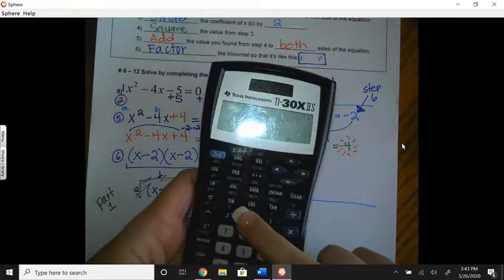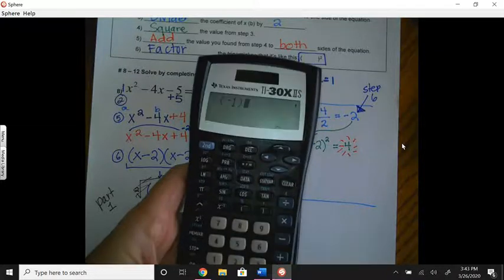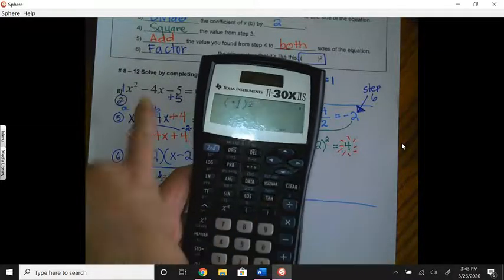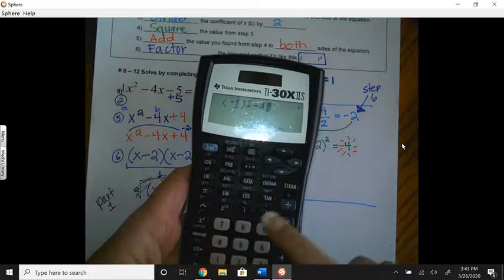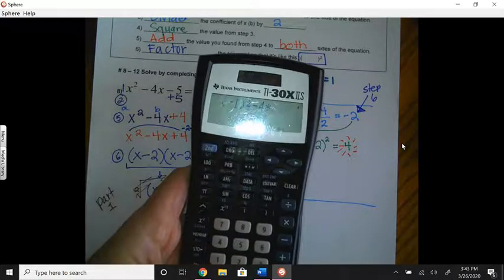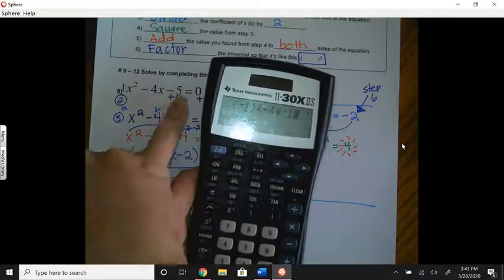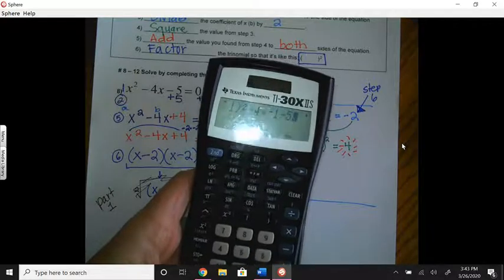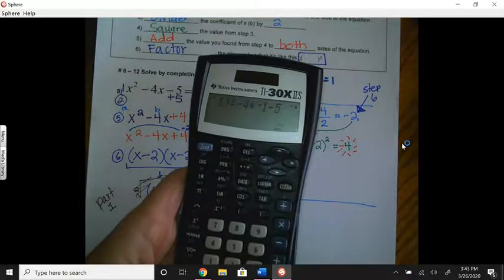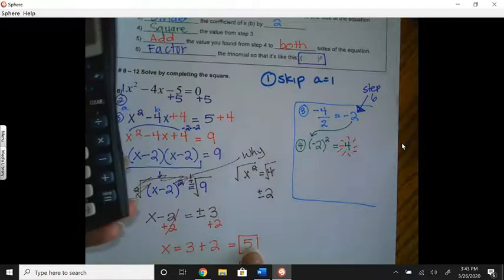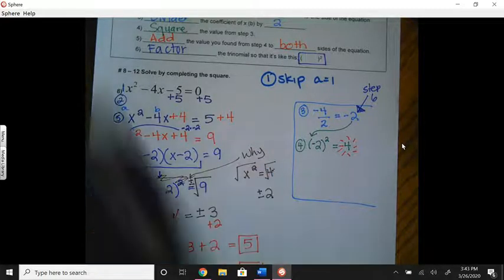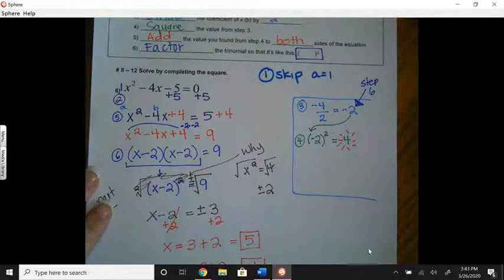So because the answer is negative, I need to put parentheses and then square, and then minus 4 times the answer was -1, and then minus 5. And if my answer is correct, it will say 0. And then I would do that for 5, and then I would show that that is the correct answer. Both of them work.